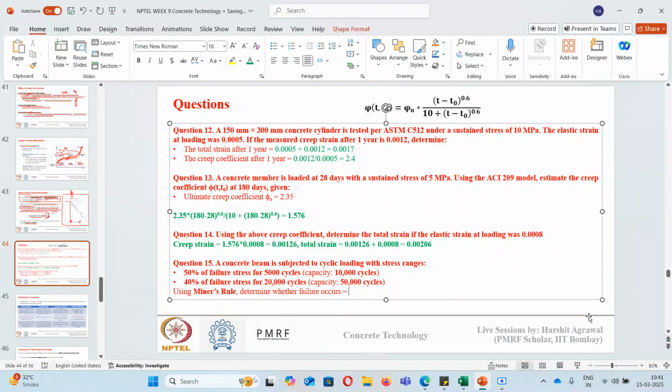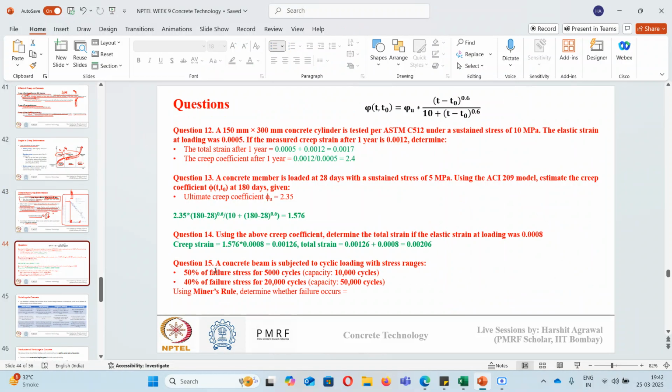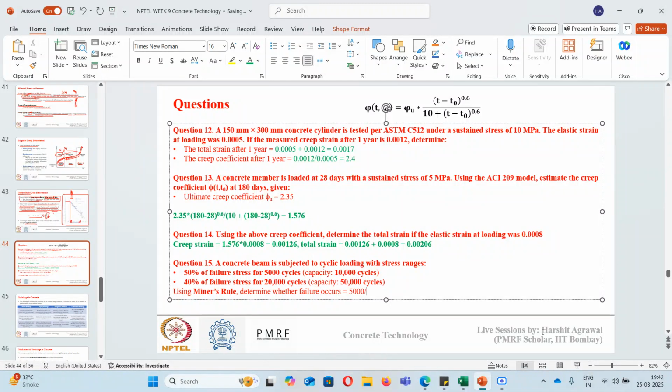Now, what Miner's rule says is the number of cycles applied at a stress level to the total number of cycles to failure. So for the first loading I have applied 5,000 cycles, and for failure I required 10,000 cycles.